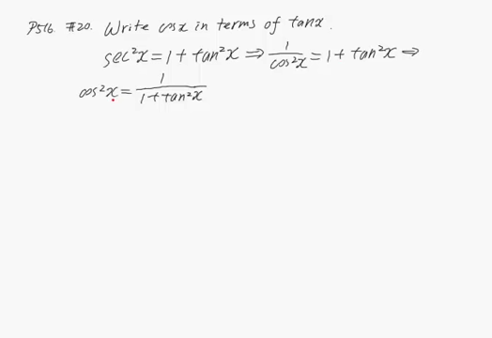And then we get the cosine square x equal to 1 over this 1 plus tangent square x. Now, you take the square root of both sides, then you get the cosine x equal to plus minus 1 over the square root of 1 plus tangent square x.